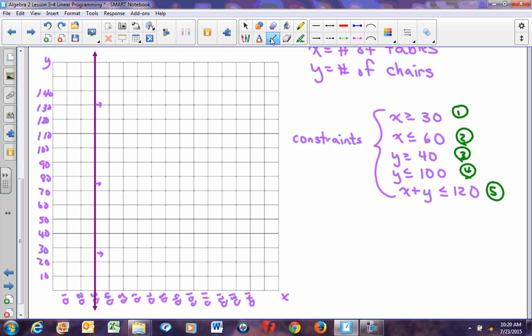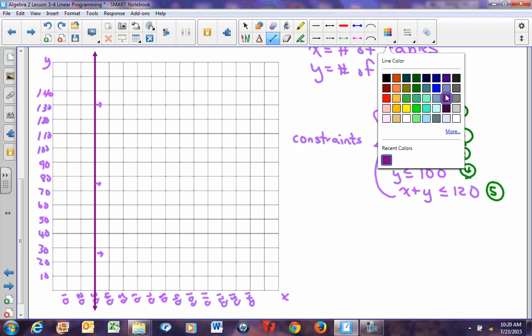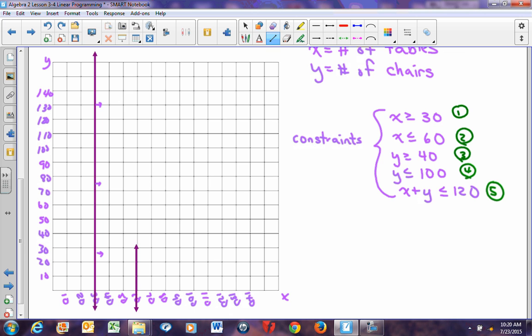Again, I'm going to put a line. Less than or equal to 60 is here. There's my second equation. This is 1, 2, this one goes this way.